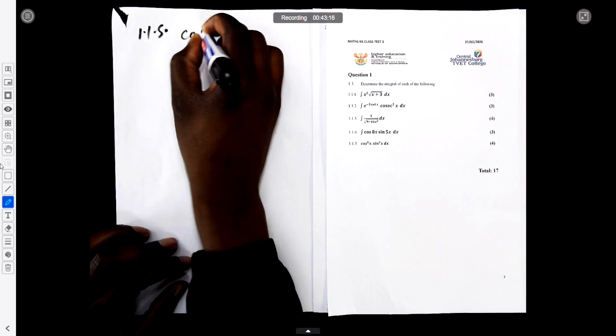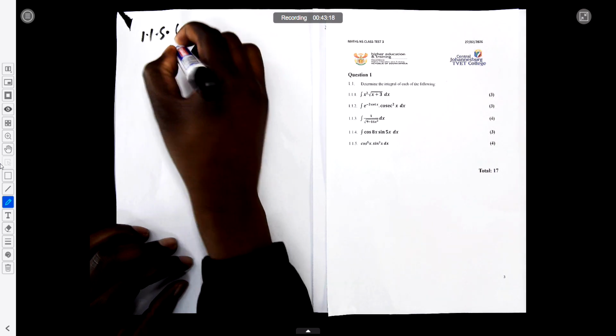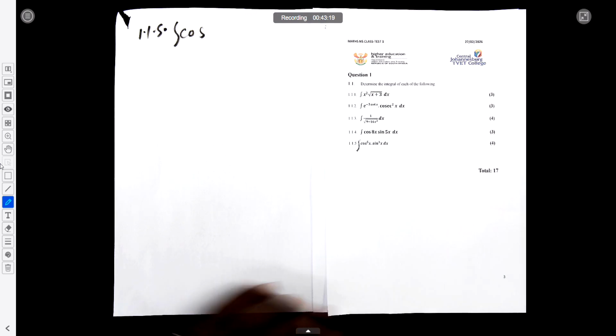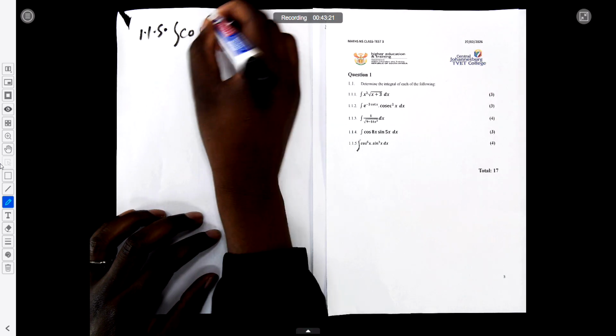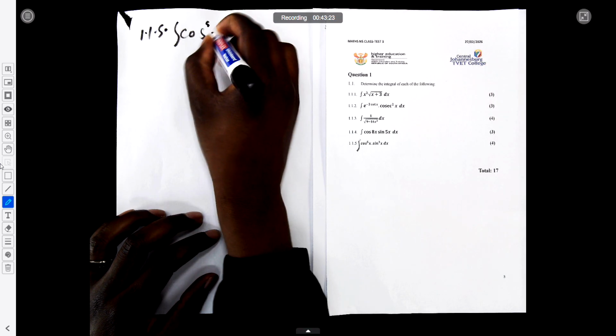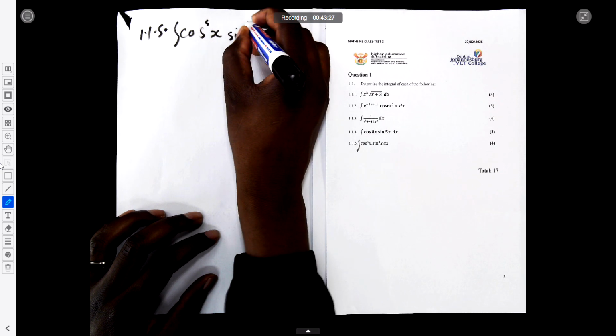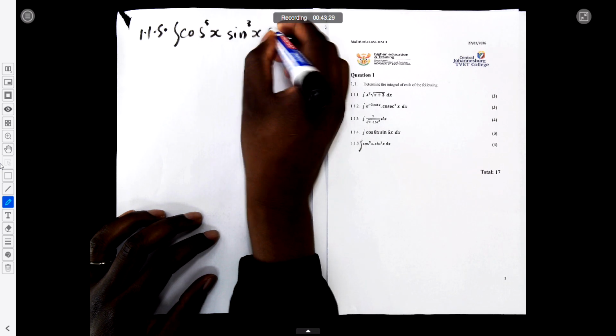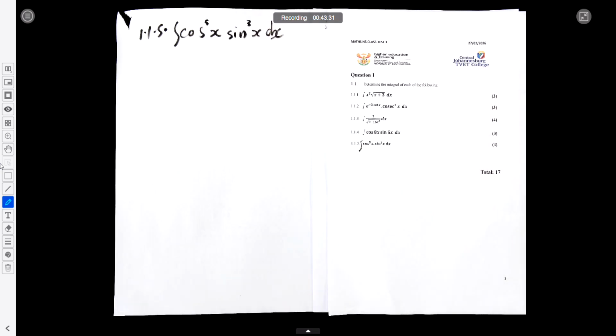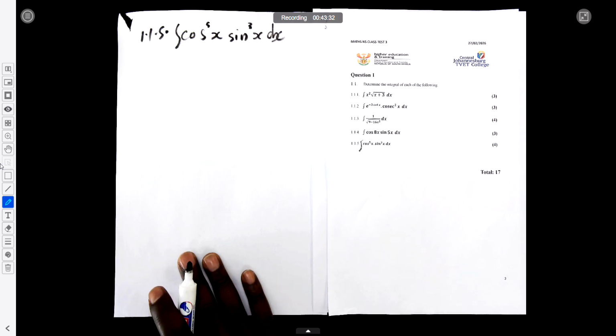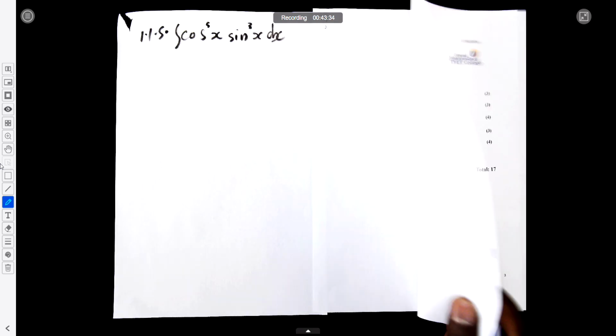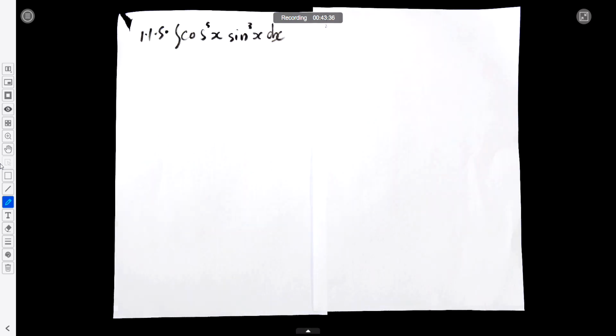So I have to look into 1.1.5. It's given as, we need to put integral sign there. It was missing, a mistake. Cos to the power of 5x multiplied by sine to the power of 3. So this is the powers of sine and cosine, trigonometric powers. We have to integrate.